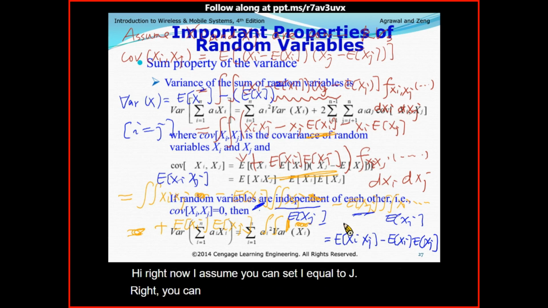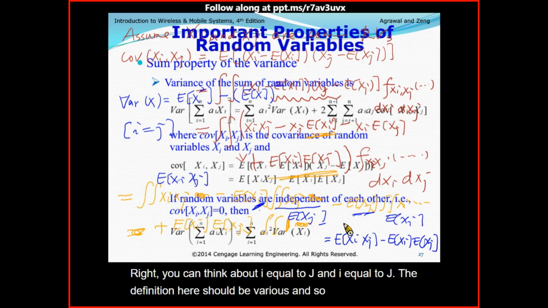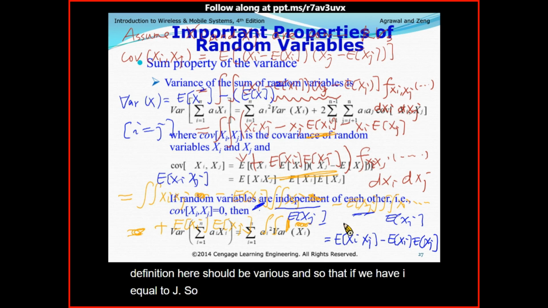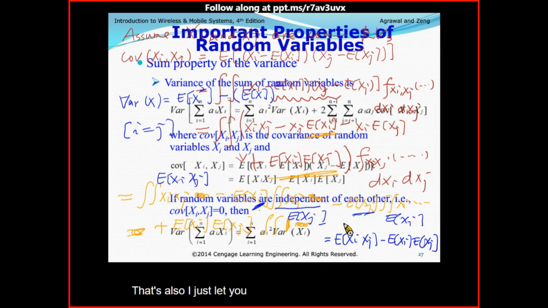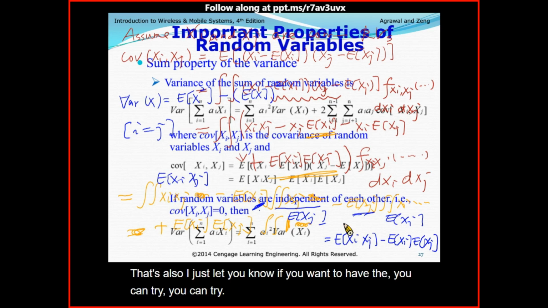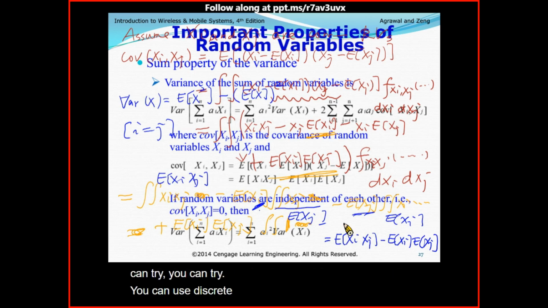Well, if you want to have the derivation, you can try it with continuous random variables. Likewise, you can use discrete random variables to illustrate results like this. All right, so this is the derivation for this equation.